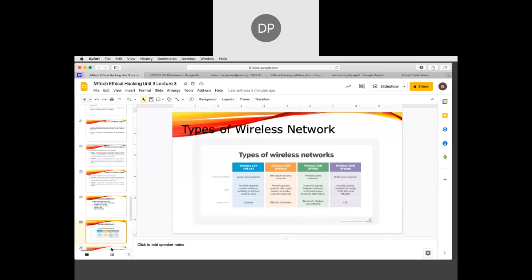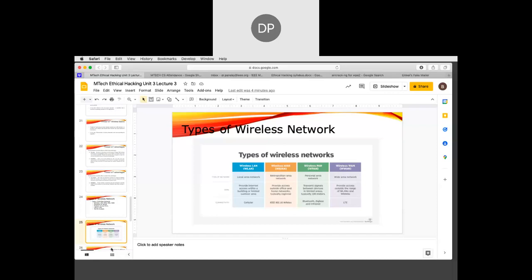The goal of WLAN is to provide internet access within a building or limited outdoor area. The goal of WMAN is to provide access outside office and home networks, typically regional, maybe in a whole university. The goal of wireless PAN is to transmit signals between devices in a limited area, typically 100 meters.